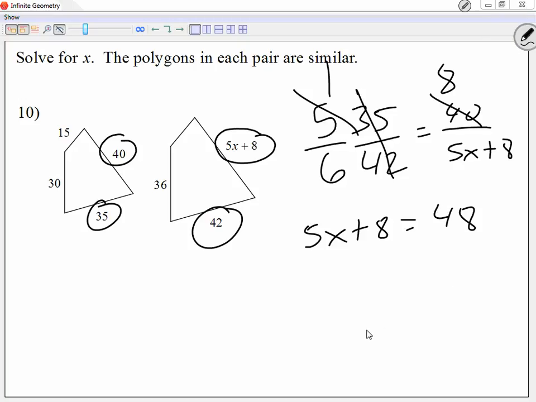The rest is just algebra. What's x? 8. Alright, so we're good up until 12. Now let's take a look at number 13.